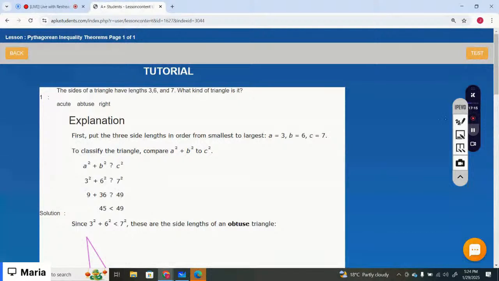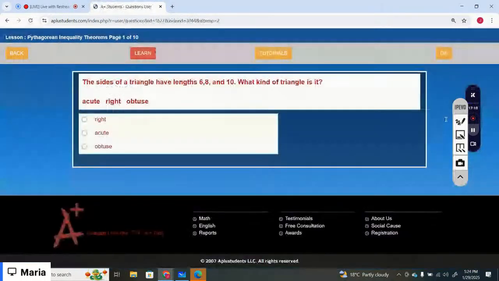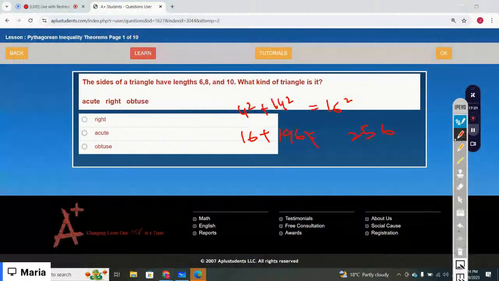Let's just start with the test question. The side lengths of a triangle are 6, 8, and 10. What kind of triangle is it? 6 square plus 8 square, you have to compare it to 10 square.